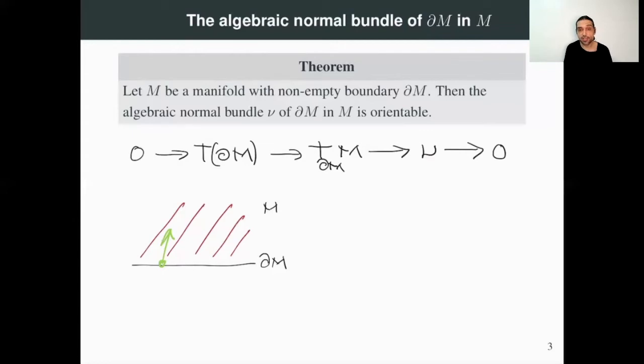It's an oriented base, and this construction defines a unique class of bases. So it defines an orientation of the normal bundle. And that's the proof, okay? The algebraic normal bundle is orientable, and since we saw that every one-dimensional vector bundle that is orientable is trivial, then the algebraic normal bundle of the boundary of M in M is trivial.